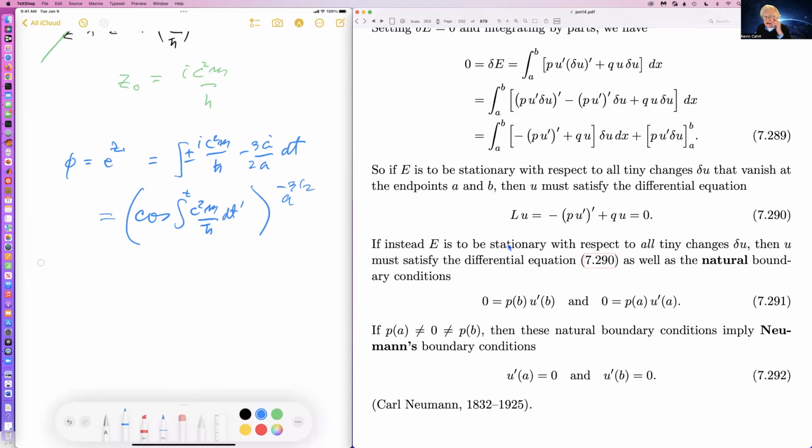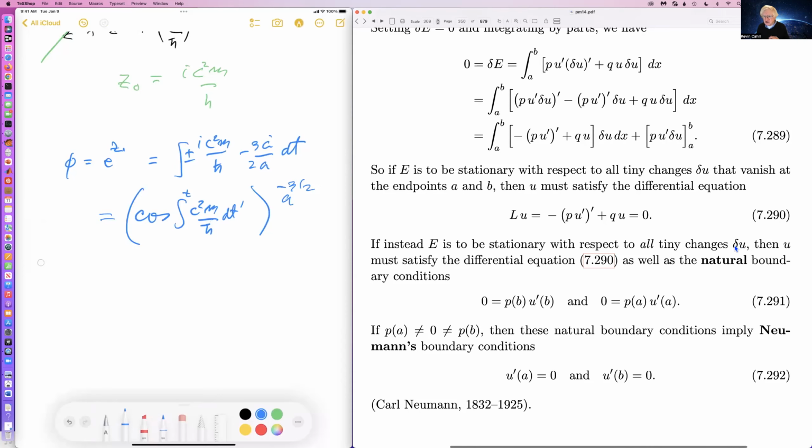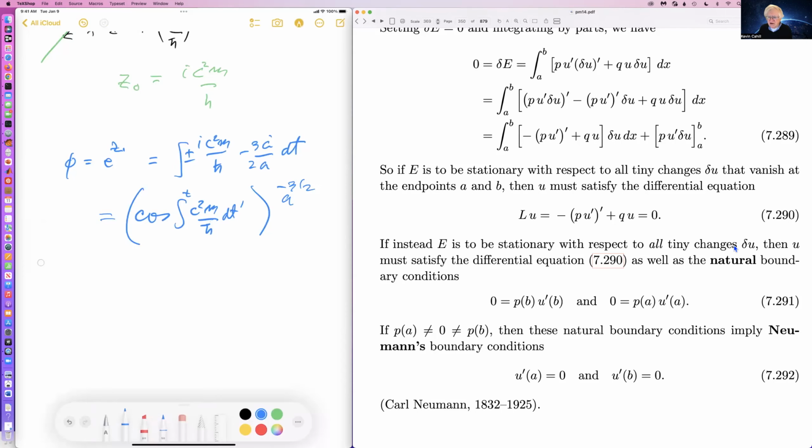If instead we say that the energy is stationary with respect to all tiny changes, including changes of U at the boundaries, then U has to satisfy not only the differential equation, but also these boundary conditions.